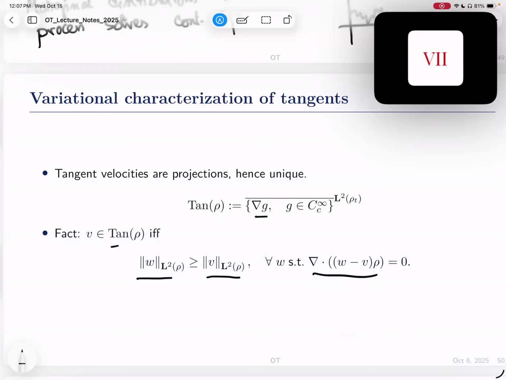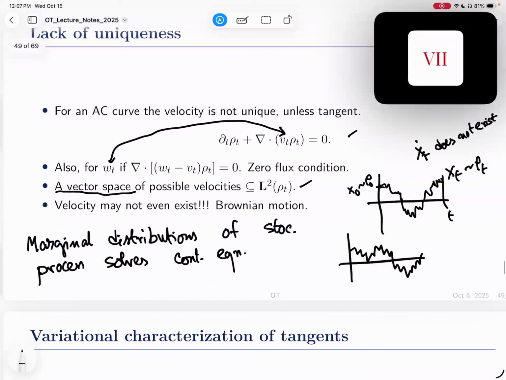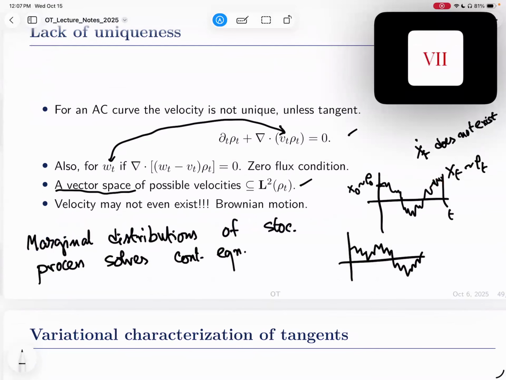All right, good. So the set of solutions of velocities is very large, but the tangent velocities are the projections, and there's only one which minimizes the L2 norm.